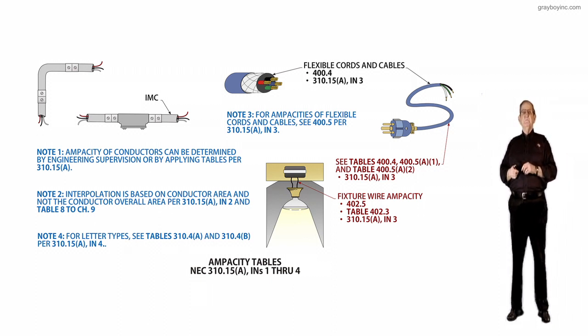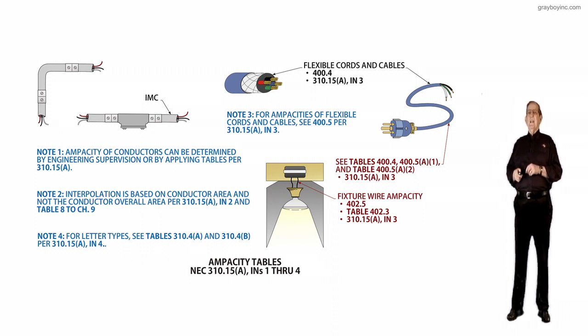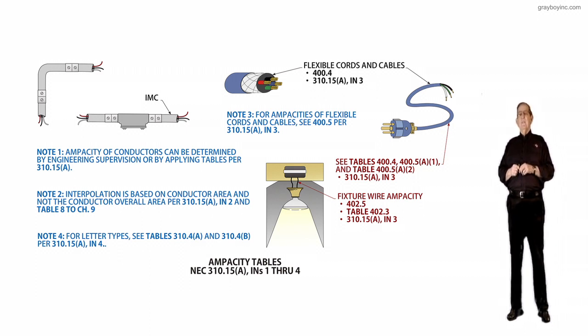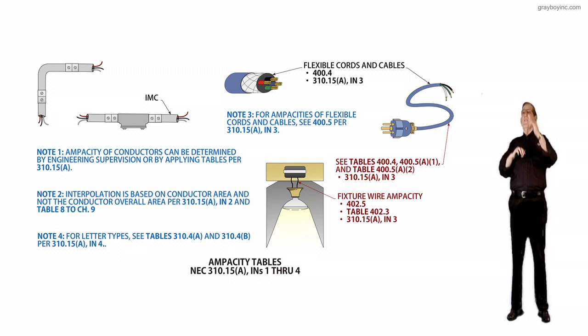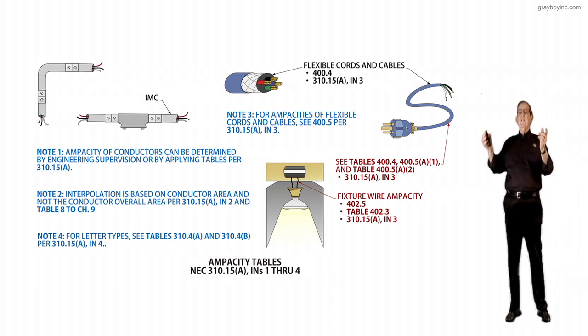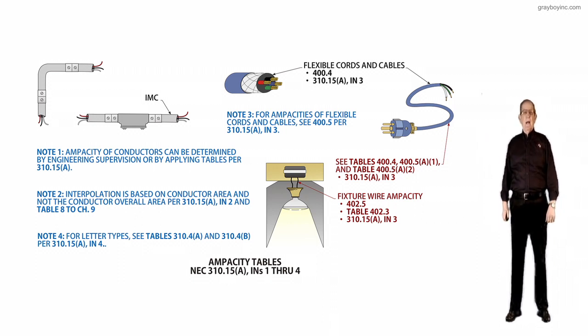Note 2, you can interpolate there based upon the conductor area and not the conductor overall area for 310.15(A), informational note 2, and table 8 to chapter 9. In other words, if I come up with a cross-sectional area and it's higher than the one below it, then you could move up to the next size, or interpolate where you don't have a particular rating listed in your table, say table 8 to chapter 9.